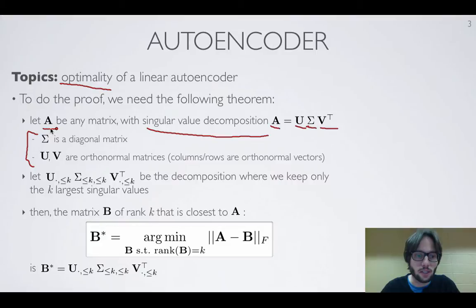So imagine this matrix A, and imagine that we write its singular value decomposition like this. And now consider the particular case where we'd be selecting only the k largest singular values. So imagine on the diagonal of the Sigma matrix, we had ordered the singular values in decreasing order.